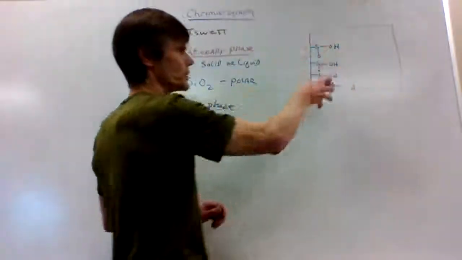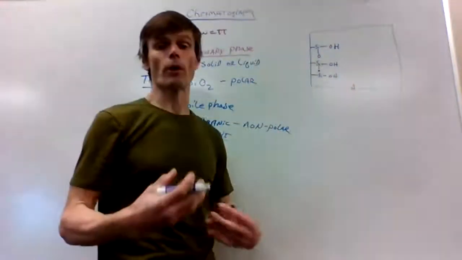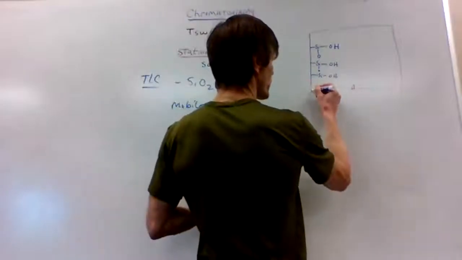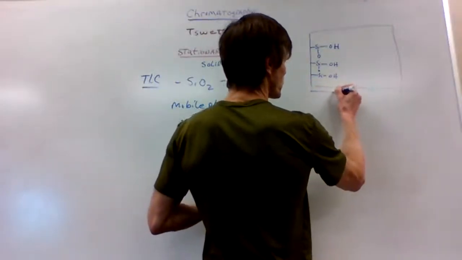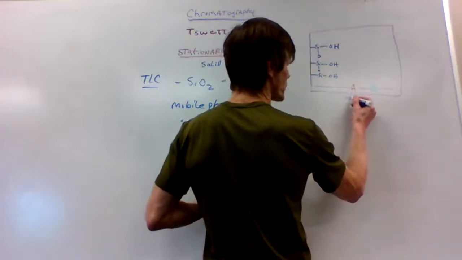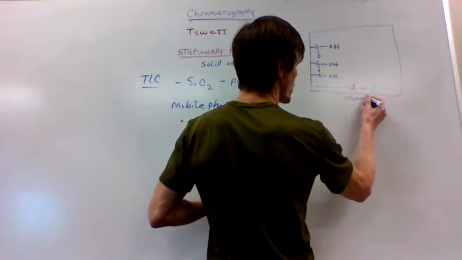And we know that the surface of the plate has these exposed silanol groups. We would have these sitting in a chamber where our two components are below an organic solvent that's nonpolar.